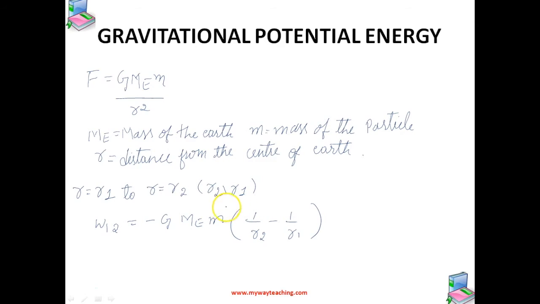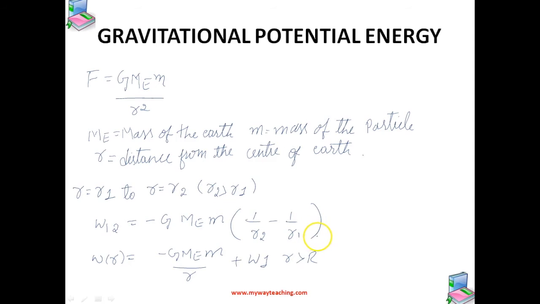So the potential energy at a distance r we can write as -G m_e m / r + W1, which is valid for r greater than capital R.